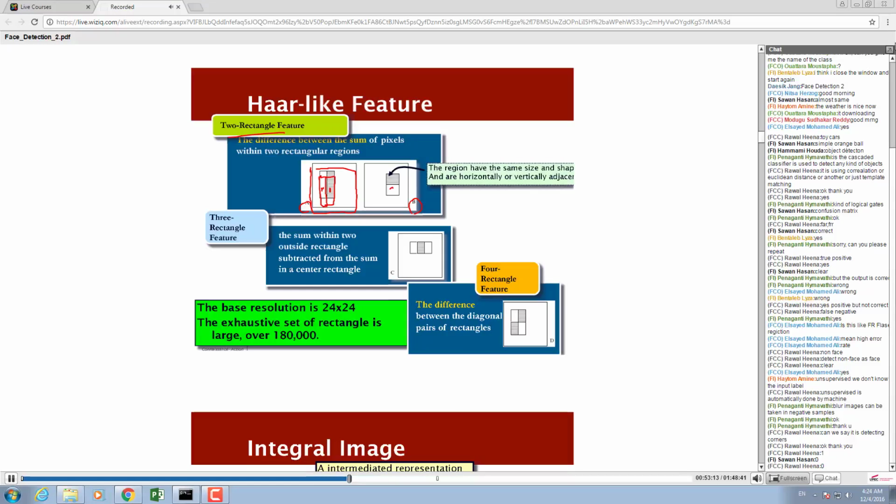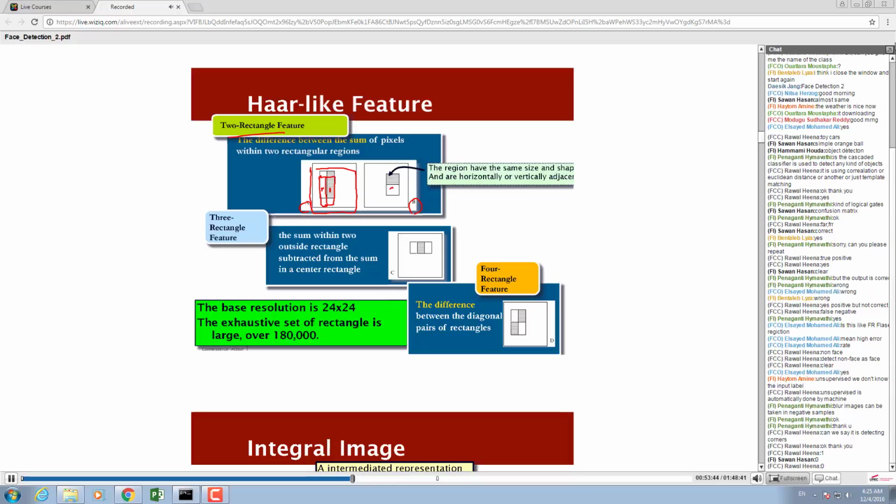Okay, so when this feature, for example, the two rectangle feature, generates a very big value, what does that mean? In that region, there is a big brightness or gray change.